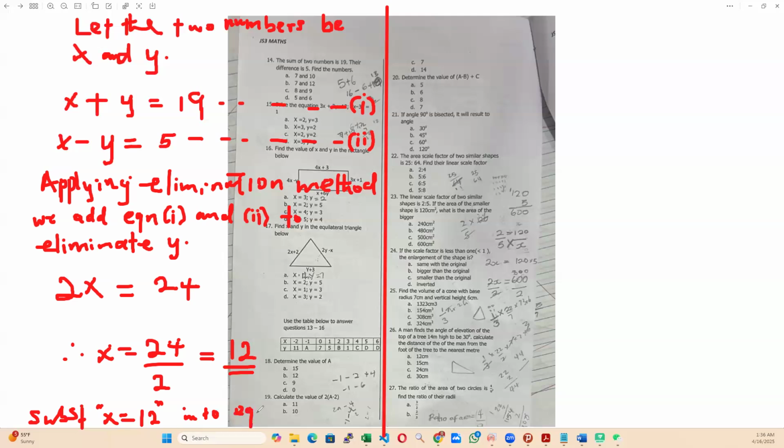Substituting in equation 1, we have 12 plus y equal to 19. So we have y equal to 19 minus 12.